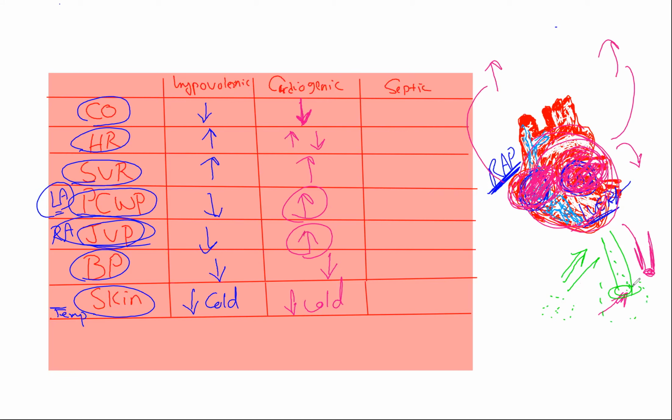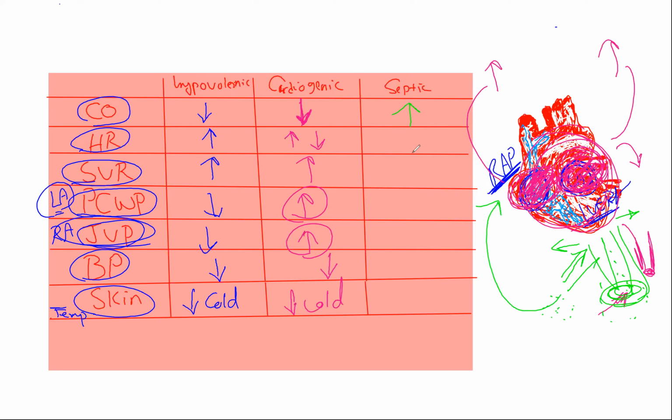So this vasodilatation here and here and here leads to decreased cardiac output because the amount of blood returning to the heart will be low.